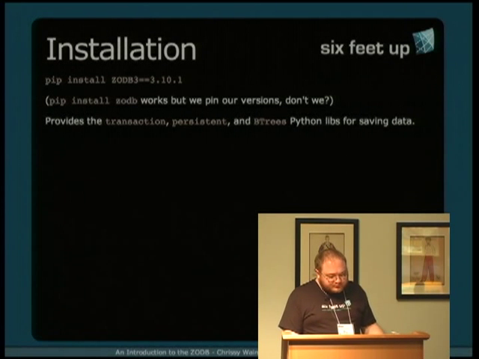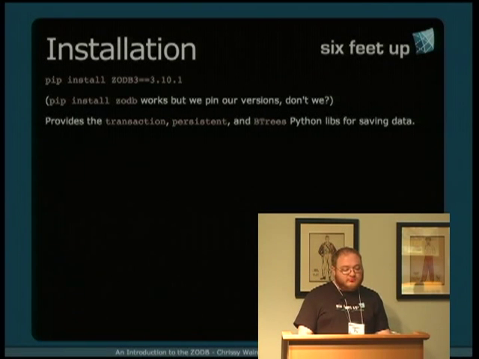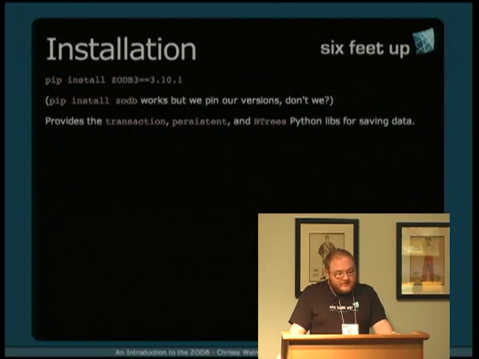So installing it, if you're using pip, you can use pip install ZODB 3.10.1. You can also use it with easy install or buildout, depending on what you're most comfortable with. I will note here that pip uses a meta package called ZODB that will pull it all down, but you can't pin that one, and not pinning is bad, so don't do that.